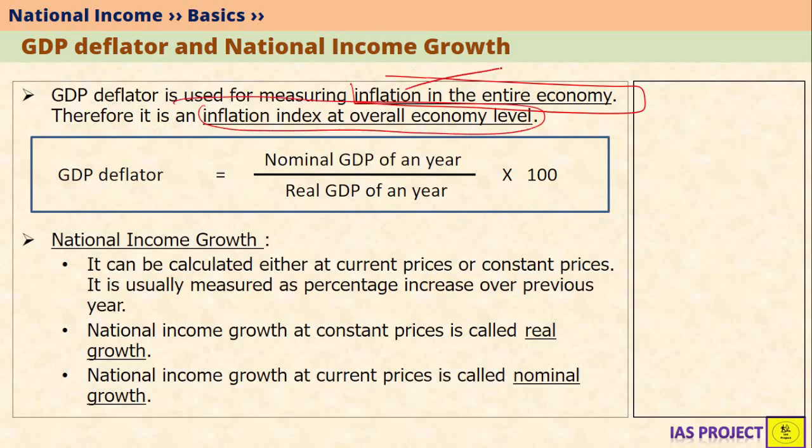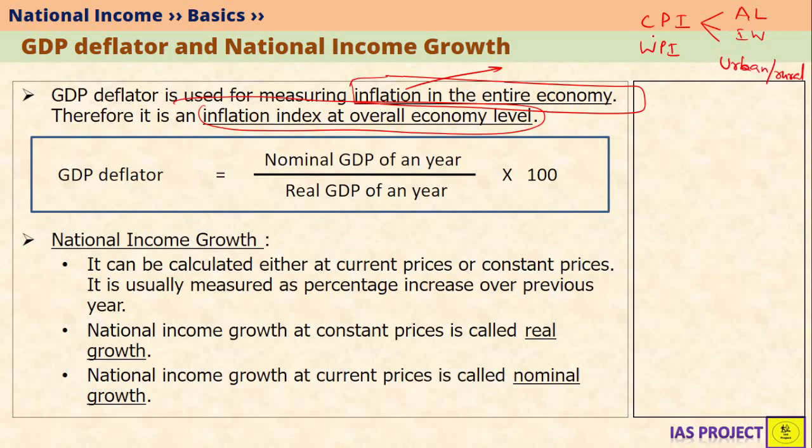We will talk about inflation as a separate chapter because it is a very important chapter. Inflation can actually be measured using different indices. For example, we have consumer price index, we have wholesale price index, and again in consumer price index, we have different types. For example, agricultural laborers, we also have industrial workers. We can also measure CPI based on urban or rural regions.